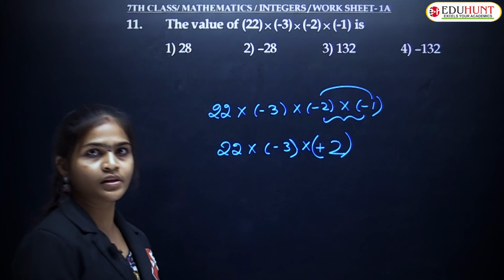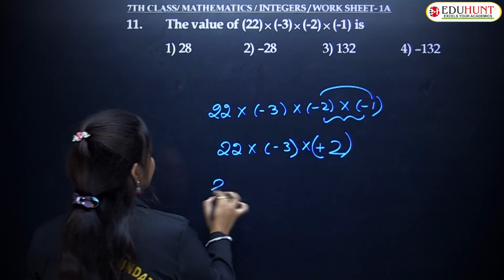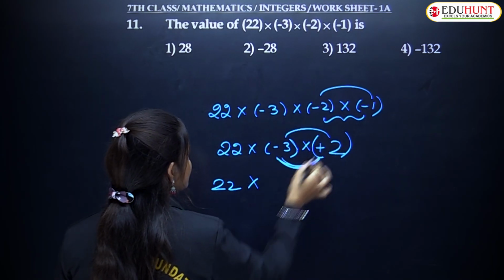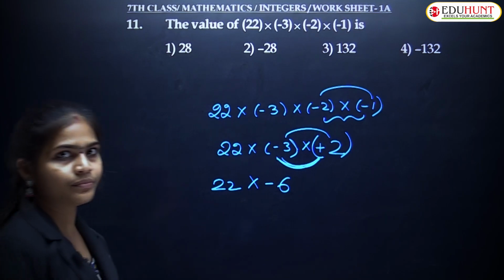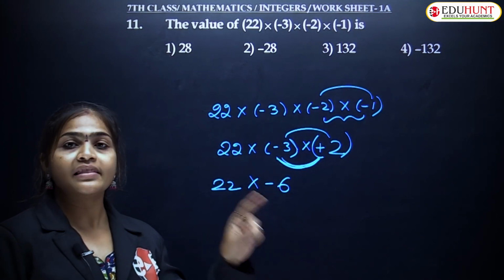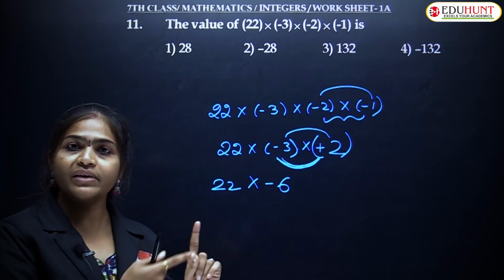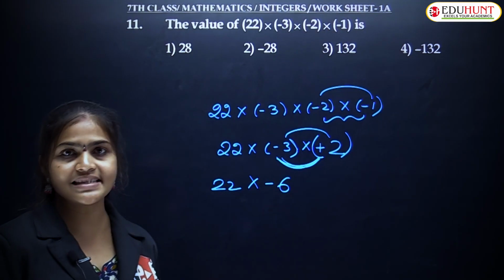That is plus 2. Next, the product of one positive and one negative integer is always negative. The product of two negative integers is always positive. The product of two positive integers is always positive. And in the same way, the product of one positive integer and one negative integer is always negative.